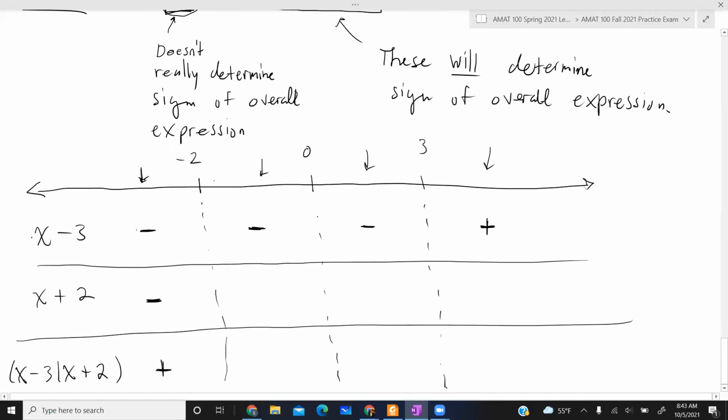What about over here, -2 to 0? When x is equal to -1, say, x plus 2 will be +1, that's plus, so the overall sign is negative, so we're not interested in this interval. We want the product to be positive.